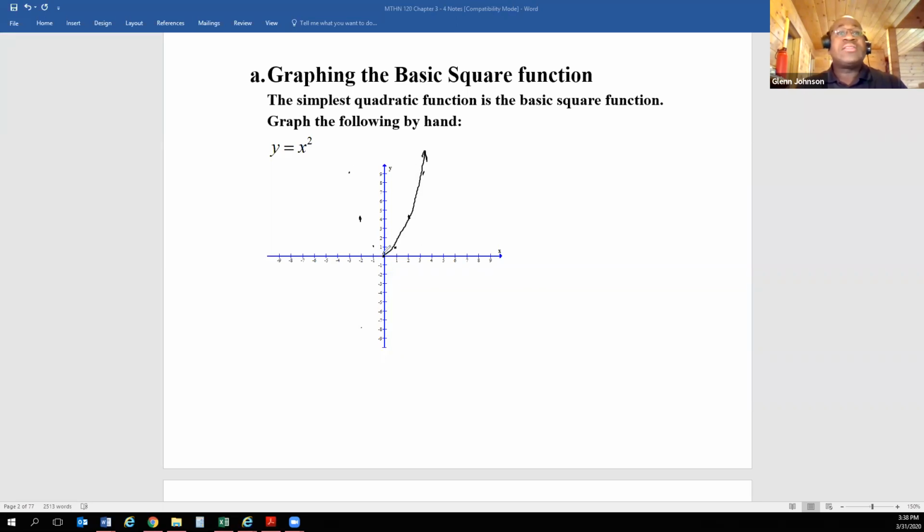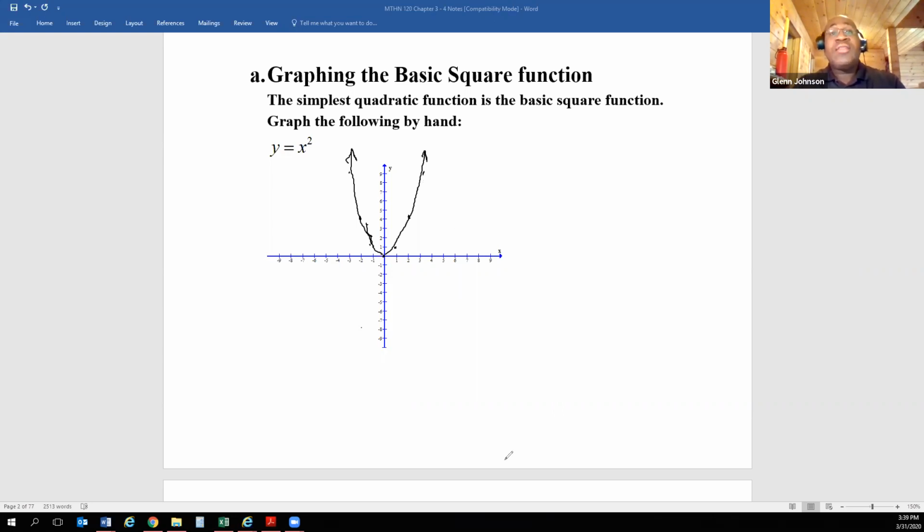If we connect the dots, we end up with a graph that looks something like this. From previous material, you may have already learned about the squaring function. It was one of the basic library of functions that you should already be familiar with. This is the simplest type of quadratic function that you can have.